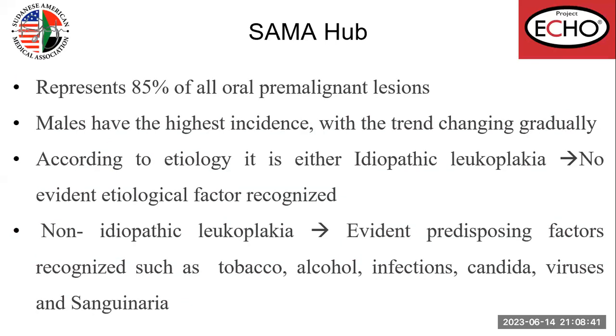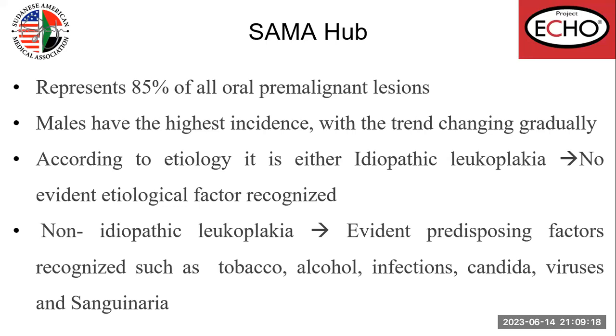Leukoplakia represents a whopping 85% of all oral premalignant lesions. So the vast majority of premalignant lesions are actually leukoplakias. Males have the highest incidence, with the trend actually changing gradually, because usually these pathological phenomena or lesions are accompanied by environmental factors and lifestyle factors or determinant or hereditary factors and so on.